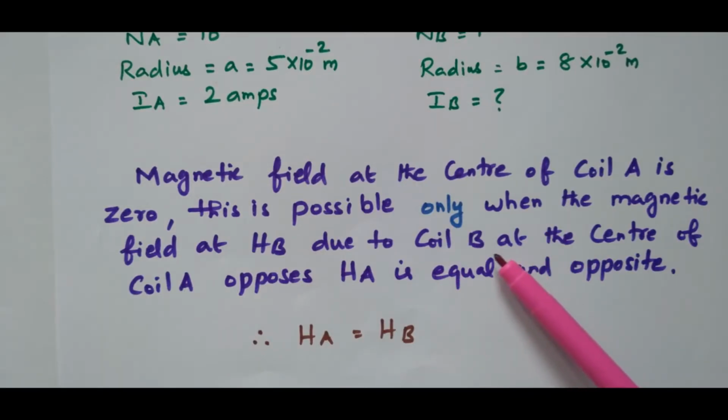The magnetic field intensity produced by coil B opposes coil A and makes it 0. Both are equal and opposite, so from the given condition we got the expression HA equal to HB. Using this condition we can find the current in the second coil.